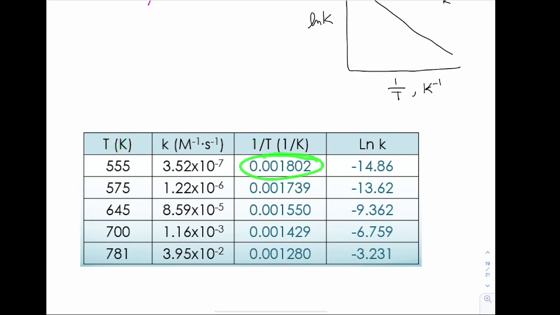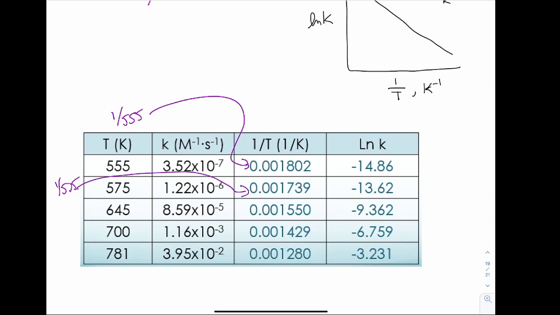So this number here is 1 divided by 555, right? If I was to take 1 divided by 555 Kelvin, that's going to give me that number. 1 divided by 575 Kelvin, that's giving me this number.